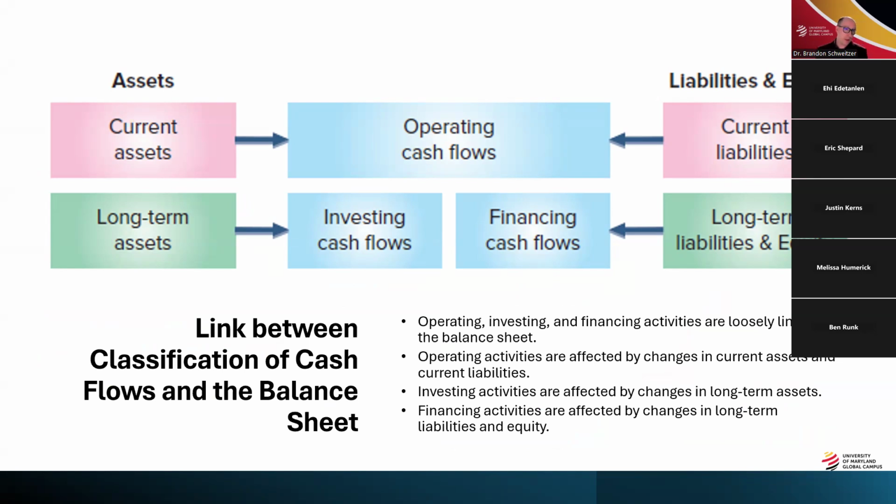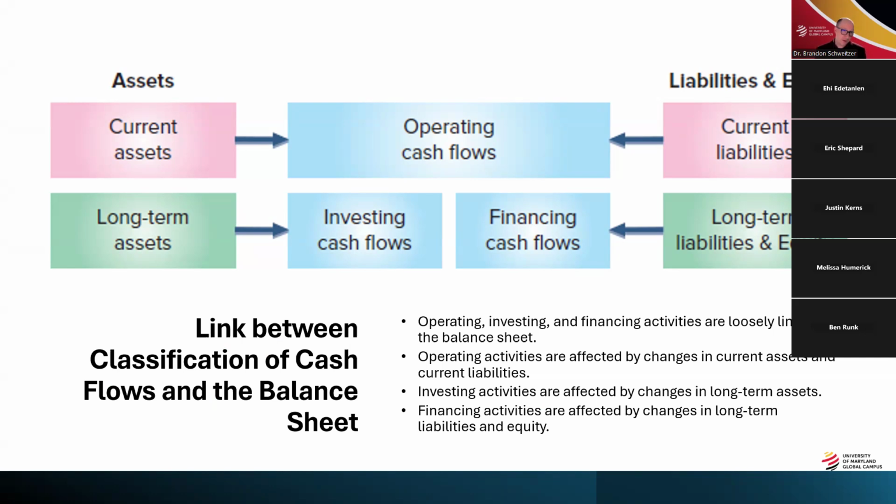Operating, investing, and financing activities are loosely linked to different parts of the balance sheet. Operating activities are affected by changes in current assets and current liabilities. And of course, from the income statement.